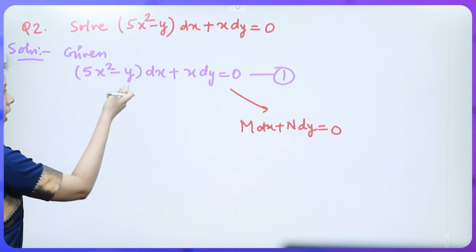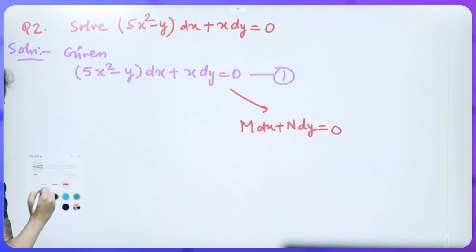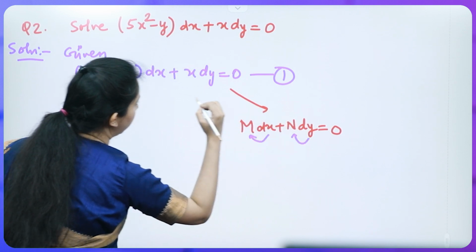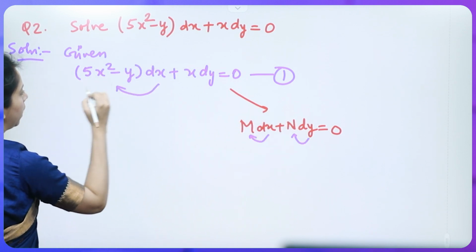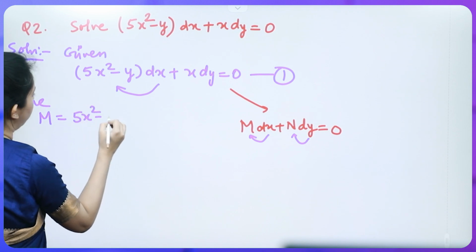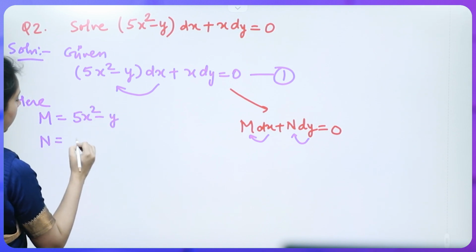So, now we will compare equation 1 with the standard equation. So, here we can write the coefficient of dx is m, the coefficient of dy is n. Similarly, the coefficient of dx here is 5x square minus y, and the coefficient of dy is n, that is x.